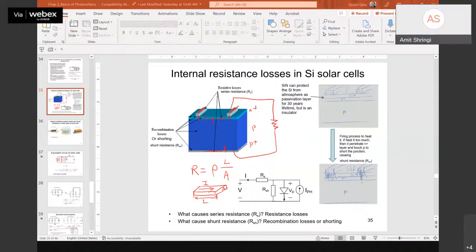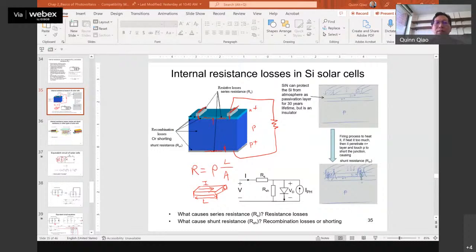And so the electron cannot get out to the load. So in that condition, we can say that shunt resistance is analogous to the recombination process. Most of the time, unless you have pinholes, the shunt resistance is recombination.